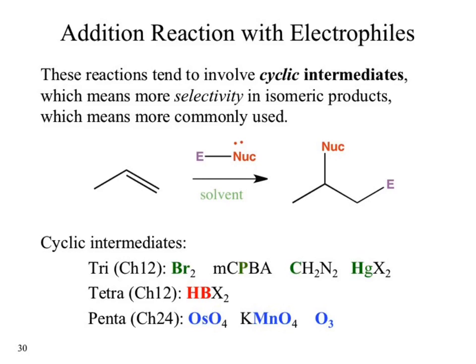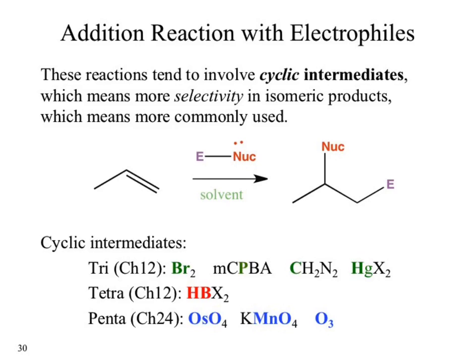I can force the reactivity a little bit better. Chapter 12 is looking at 3-membered cyclic structures. Chapter 12 is also looking at 4-membered cyclic structures. And then chapter 24 brings in 5-membered cyclic structures. Each of those reagents listed there, you need to know what they produce.